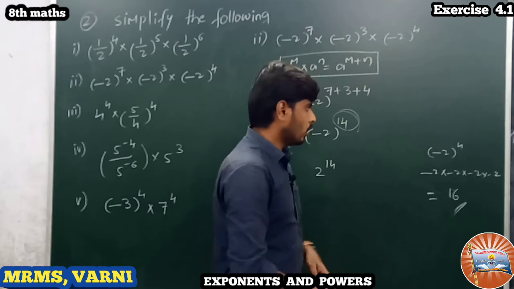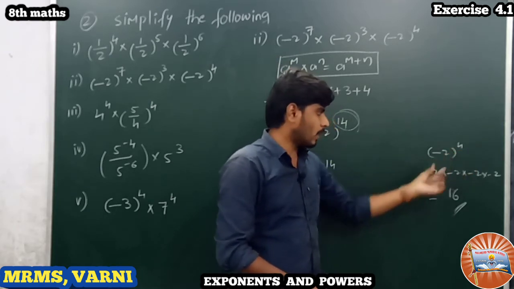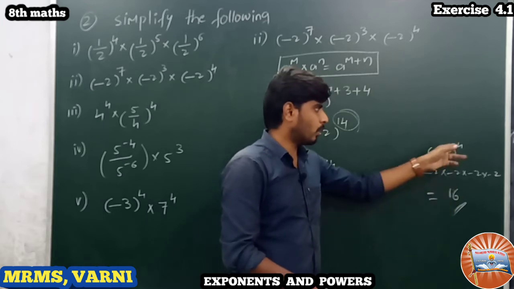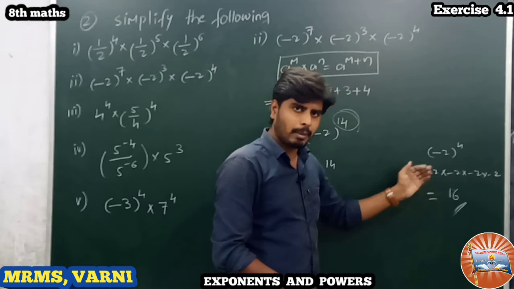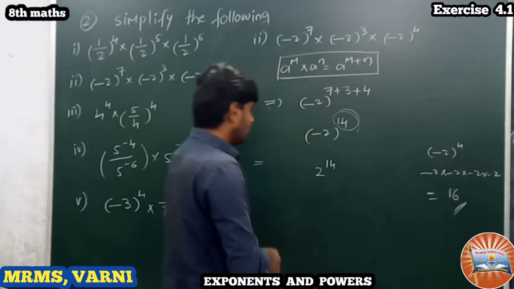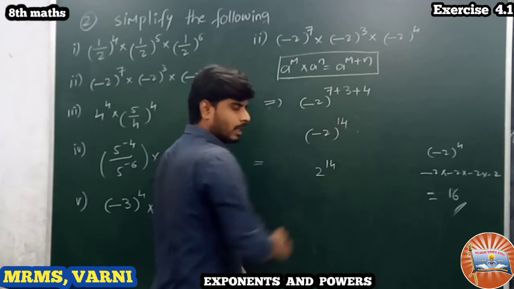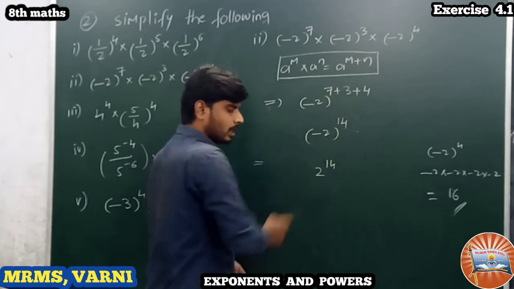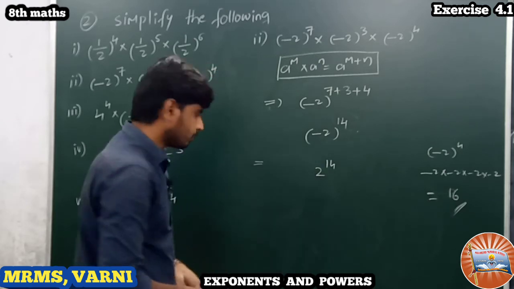So if the exponent is even, the minus becomes plus. If the exponent is an odd number, it remains minus only. Here the exponent is 14, an even number, that is why the minus becomes plus. This is 2 to the power of 14.